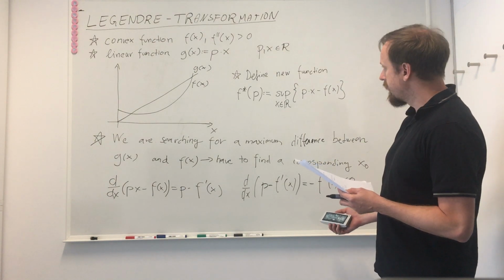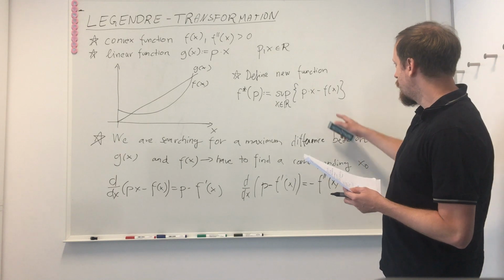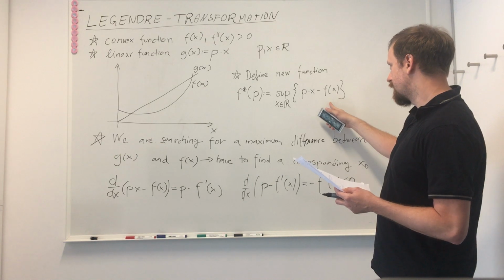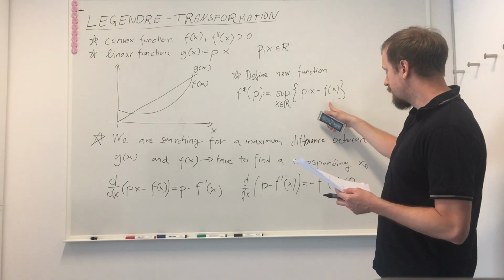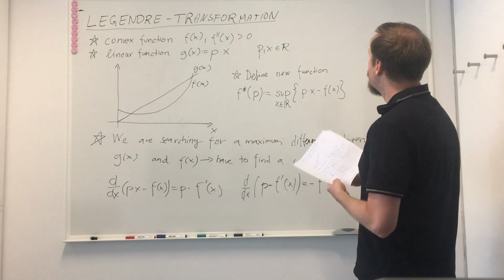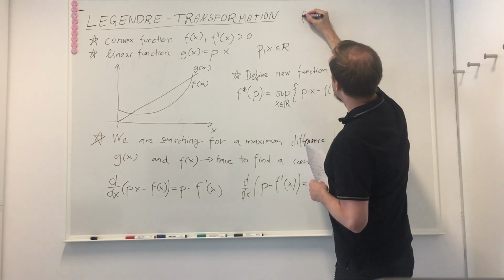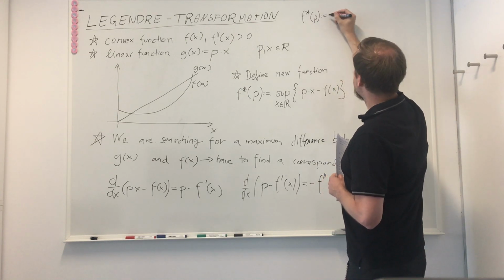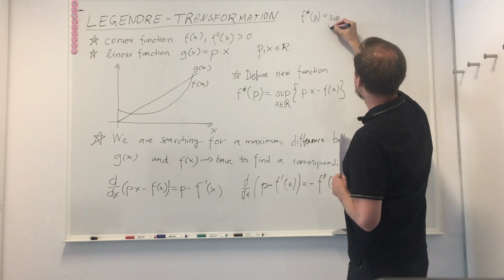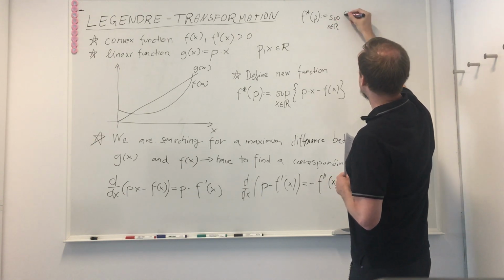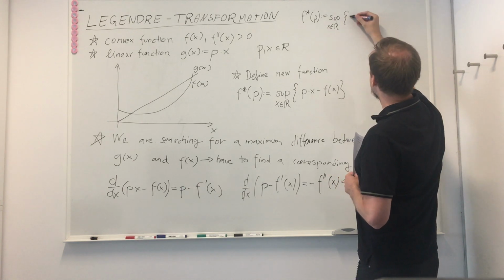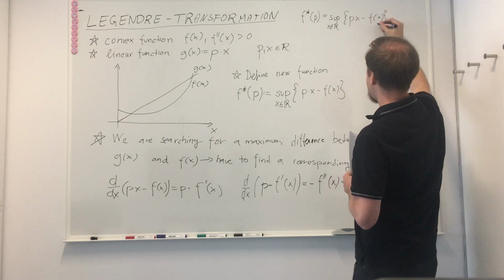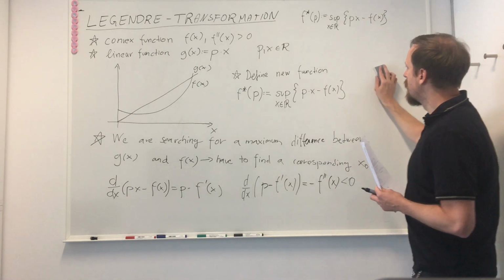Now I will erase the board, and if you're interested, it's good to write down this definition again to keep it throughout the next steps. It's defined as the supremum for x any real number of p times x minus f of x.